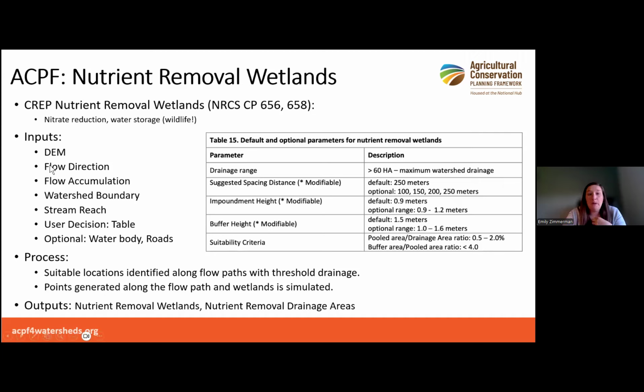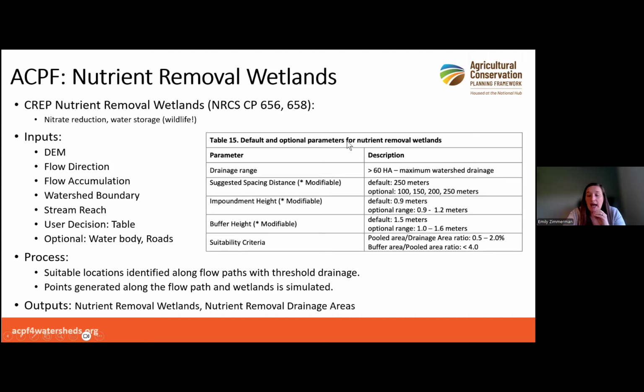Again, if we look at the inputs required to run this tool, three of the initial inputs, the digital elevation model, the flow direction, the flow accumulation, are going to come from that DEM preparation step. The watershed boundary is an input layer that you're provided, and then the stream reach that you've created is coming from the second step of the toolbox.